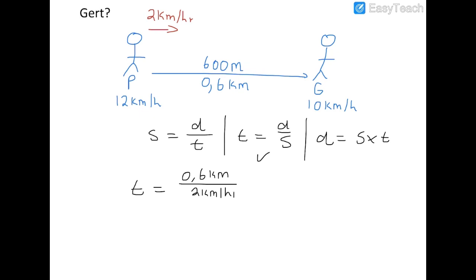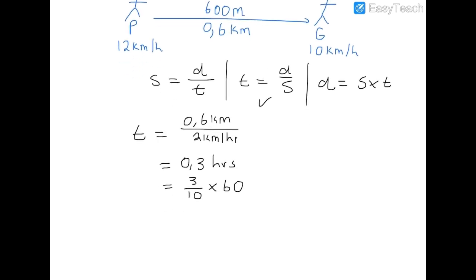We are only considering the speed relative to Gert. This is equal to 0.3 hours, which is the same as 3 over 10 hours. If we multiply this by 60 to take it to minutes, the 0 cancels, and we get 3 times 6, which is 18 minutes.